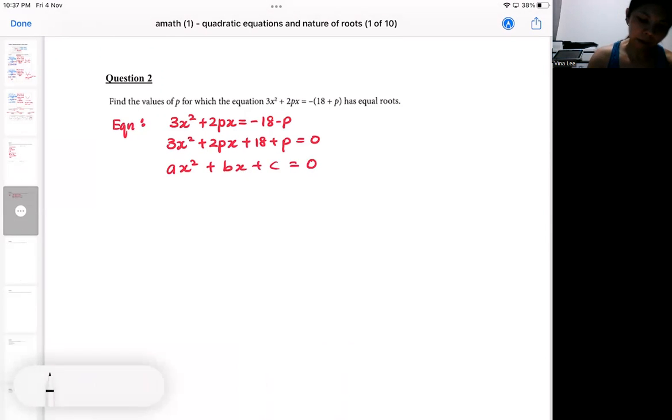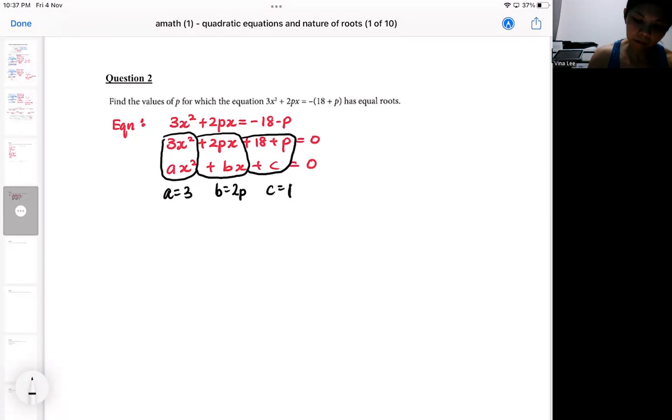When I do the general format of the equation, I can see clearly what is my a, b, c. Do you realize that so far the a, b, c that you have encountered are values? That means you can see the numbers. Here, the a, b, c have some unknown. So how are you going to find the unknown? The question is asking you to find the unknown.